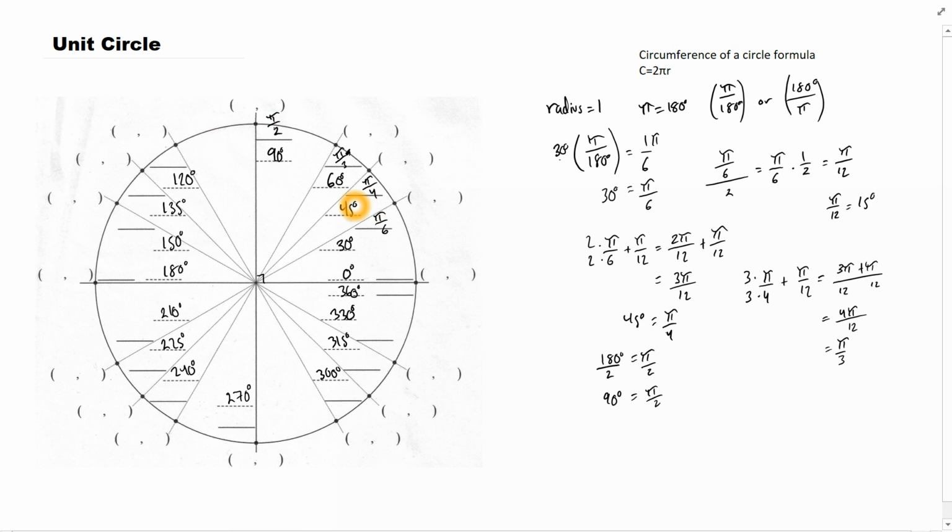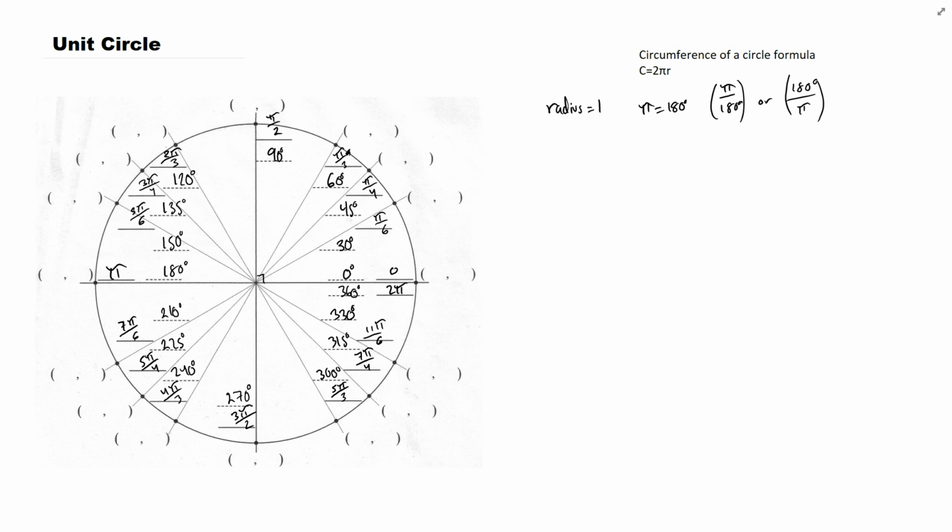For example, we add pi over 6 to pi over 2 to get this angle here in radians, and we do the same for every angle. So I'm going to fill this in. Now we have this whole thing filled up.